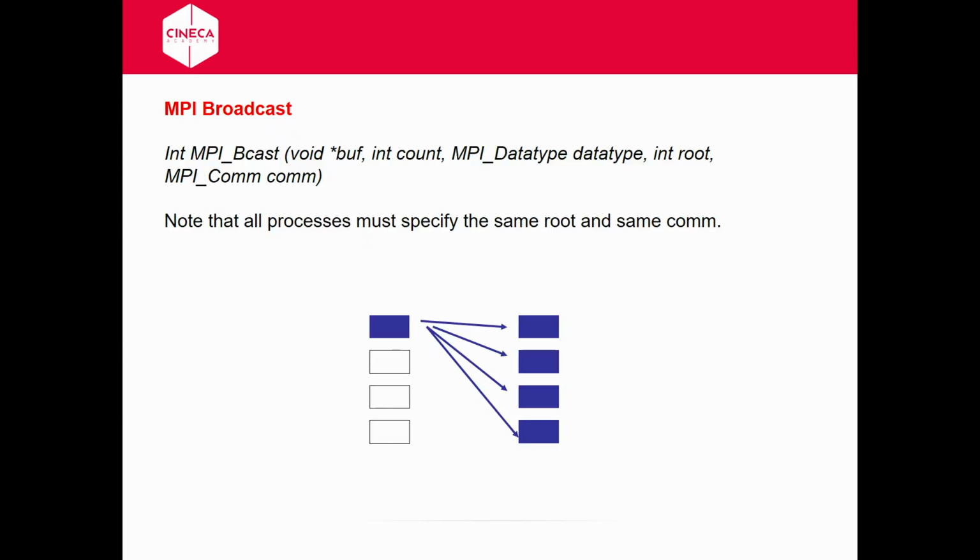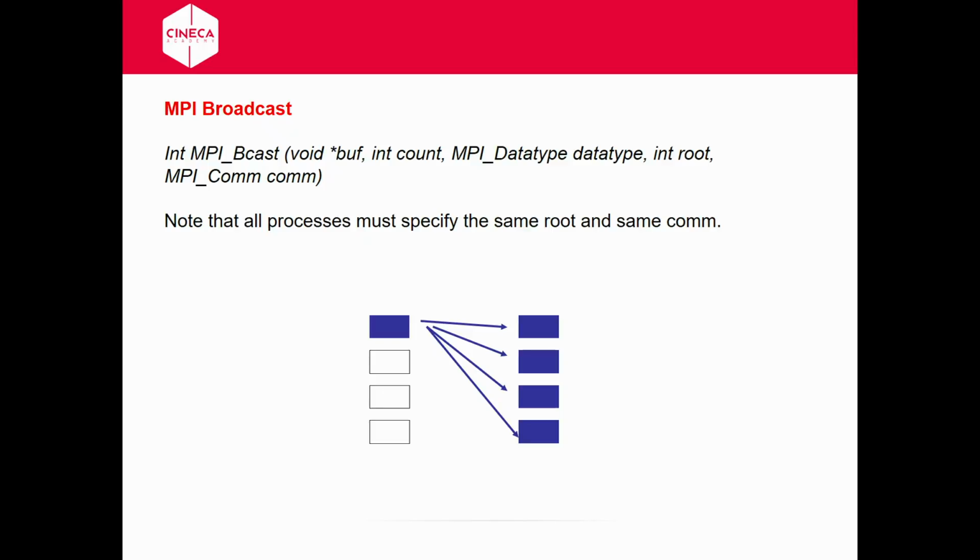After this, we can see the broadcast operation, which could be very useful for you. For example, you can imagine having some data that was created on processor 0, the master processor that reads the data from a file and so on, and you want to share this information with all the other tasks.